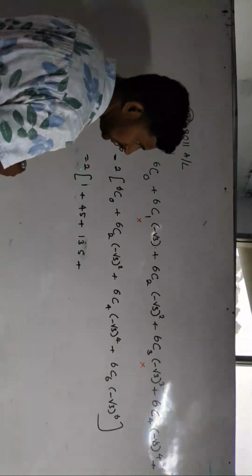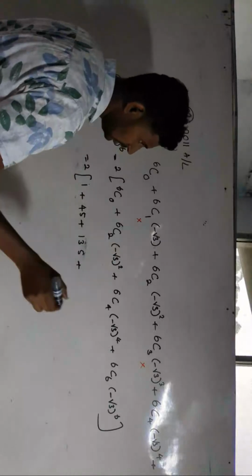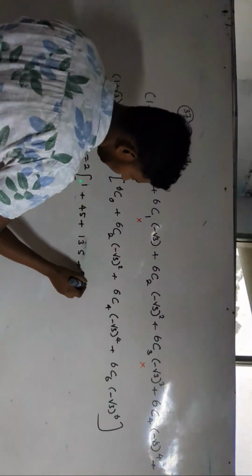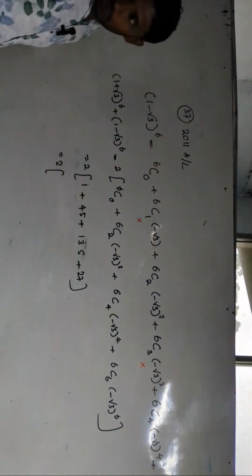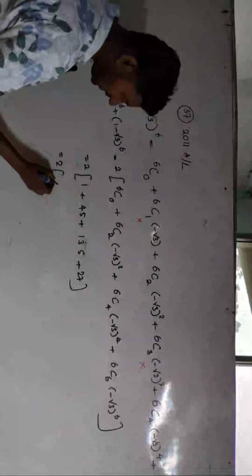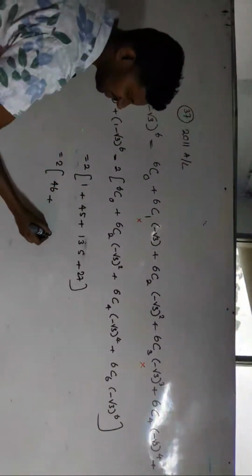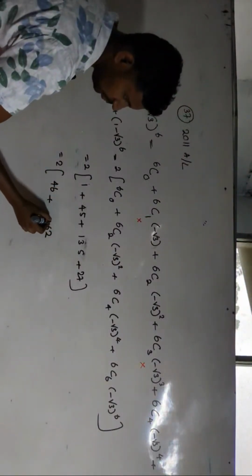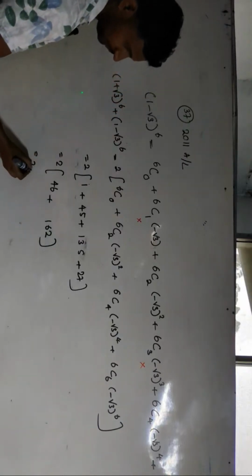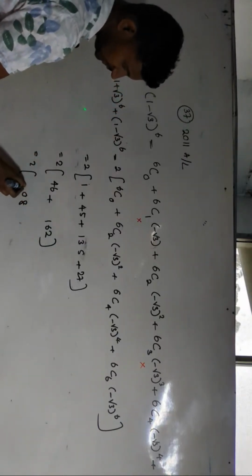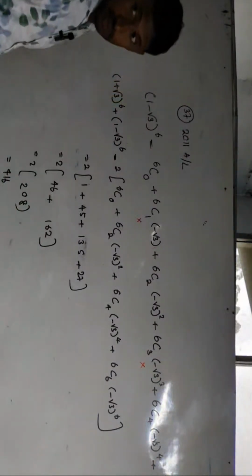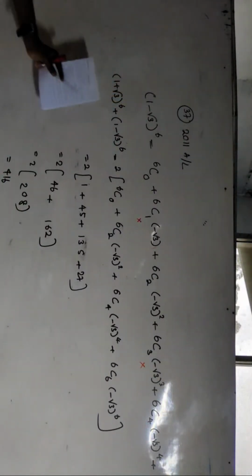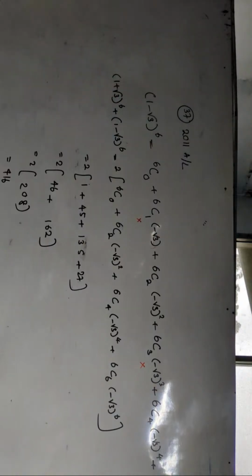Here root 3 to the power of 6, that means root 3 squared, 3 into 3, 27. So 1 plus 45 plus 135 plus 27 gives 208, 2 into 208, so that is equal to 416. So just like that, we can get the answer.